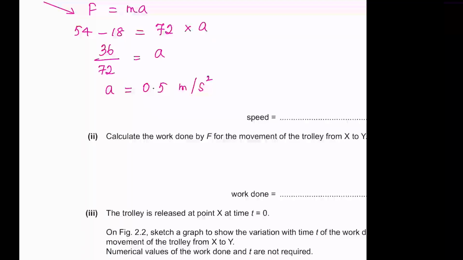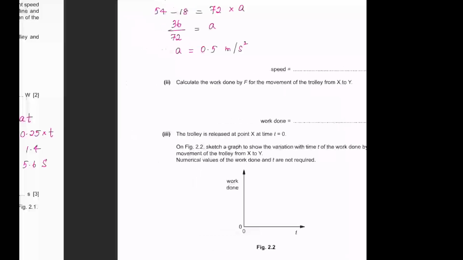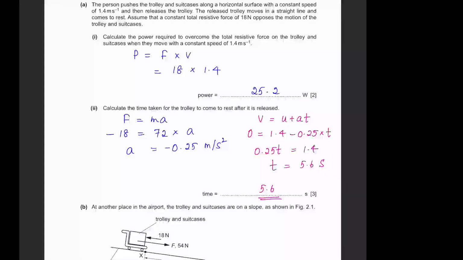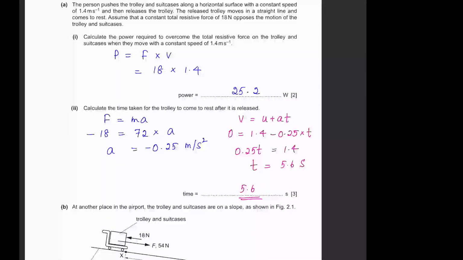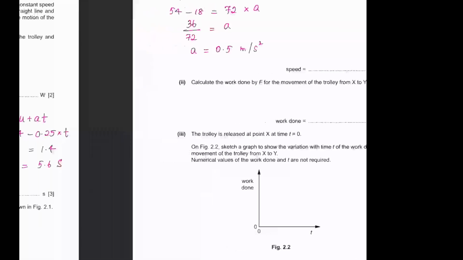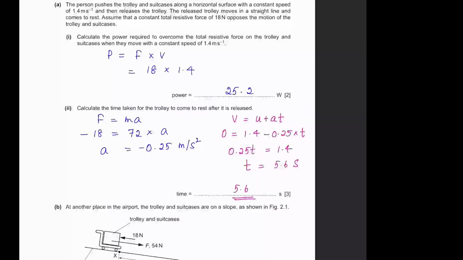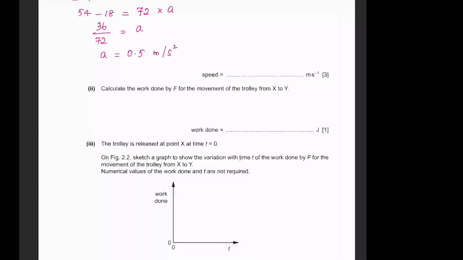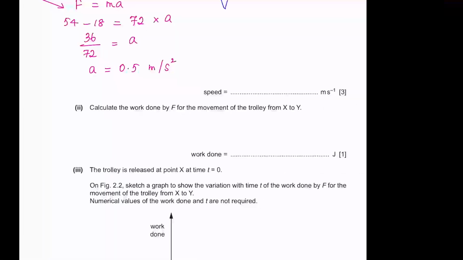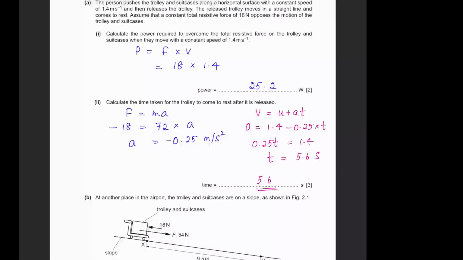That is the acceleration. Now with this acceleration, it is moving down the slope a distance of 9.5 meters. We have to find the speed of the trolley after moving 9.5 meters down. So I can use the equation v squared equals u squared plus 2as. v is what we have to find. u is 0 because it starts from rest, the question says it starts from rest.